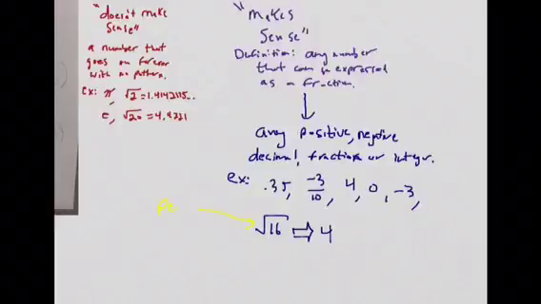What I mean by a perfect square is that two numbers, when multiplied together, give me this number. So 4 squared would give me 16. So the square root of 16 is 4. Another example of an irrational number is square root of 5.